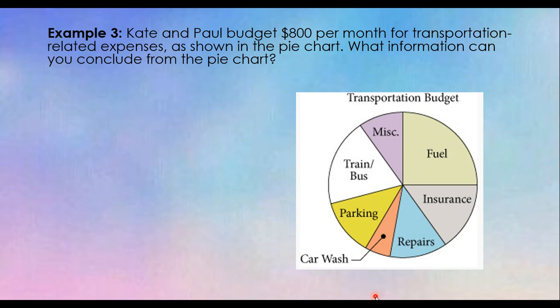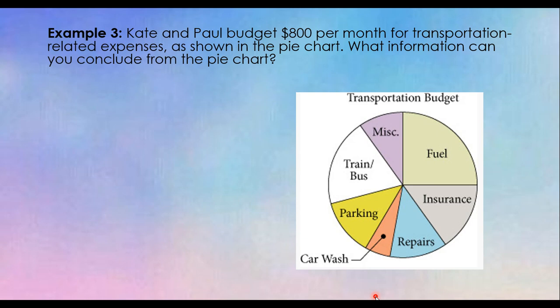And I don't really know what Kate and Paul happen to do. What information can we conclude from this pie chart? So this is taking the values, taking the information and making an inference, and determining some conclusions based on not really knowing them at all, but being able to read a chart.